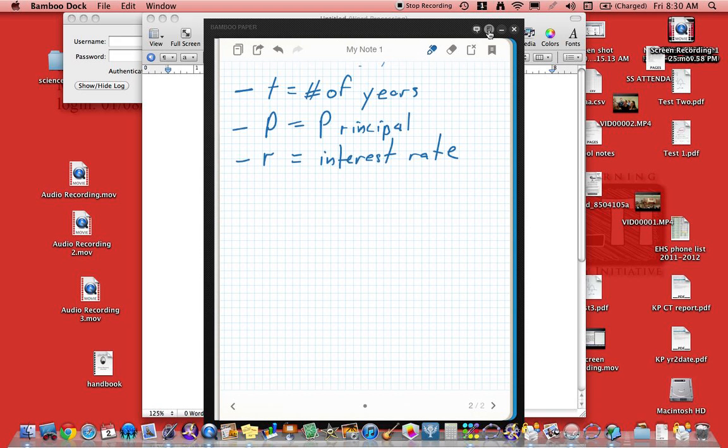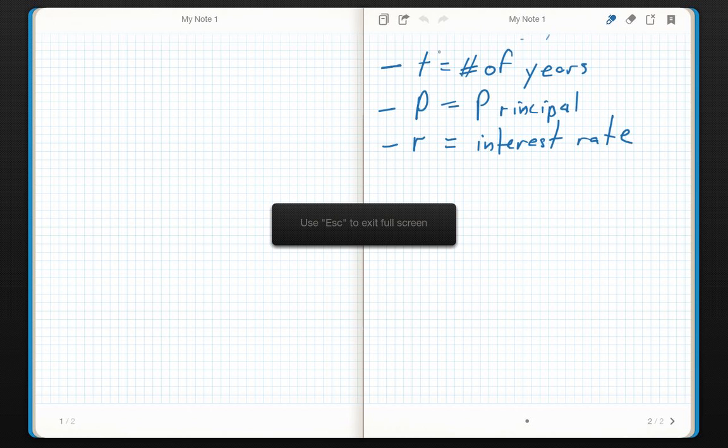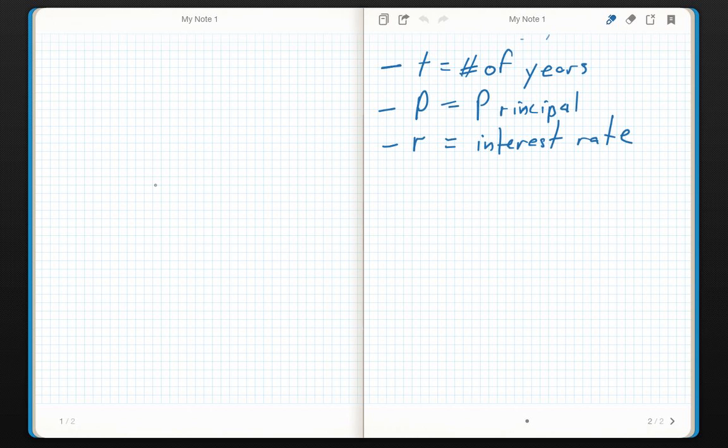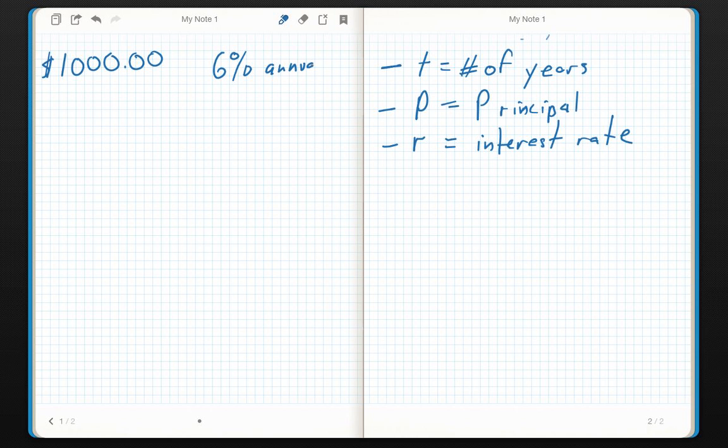We're going to start with a basic situation of a bank account. Let's say we put $1,000 in the bank, and it's going to earn 6% annually.